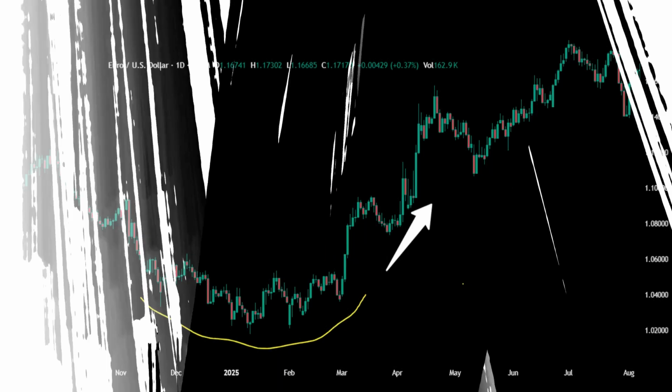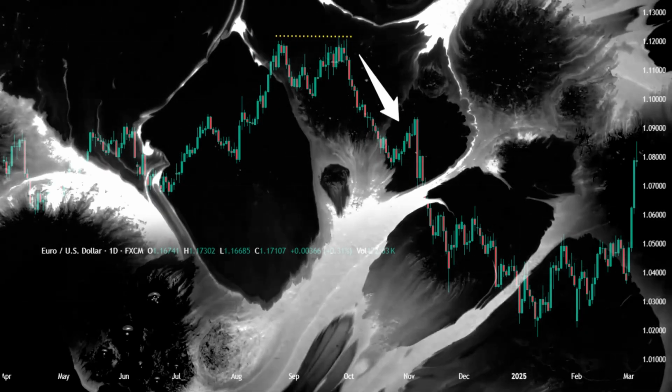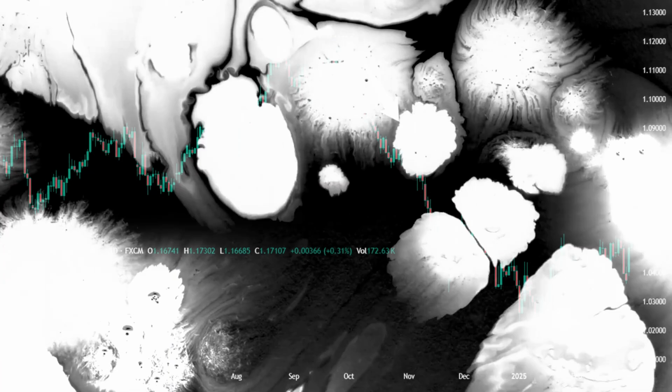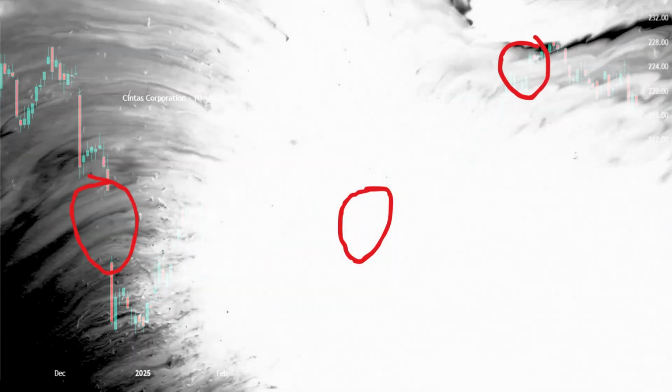They are the visual manifestation of these battles. They work because human nature doesn't change. The reactions of the masses to uncertainty and opportunity are predictable, and they leave tracks. Learning to identify these tracks is the fundamental skill that separates the amateur from the professional.